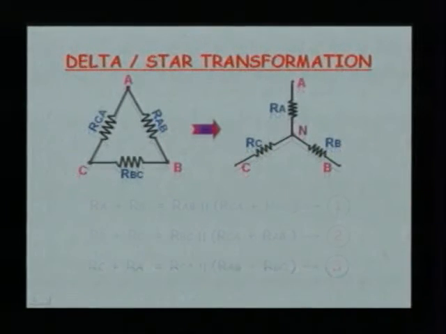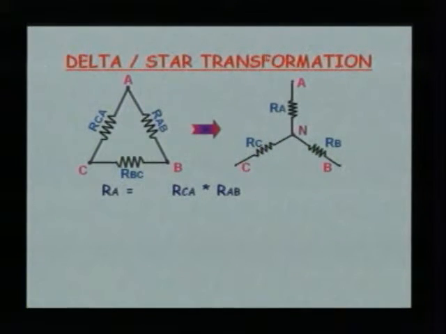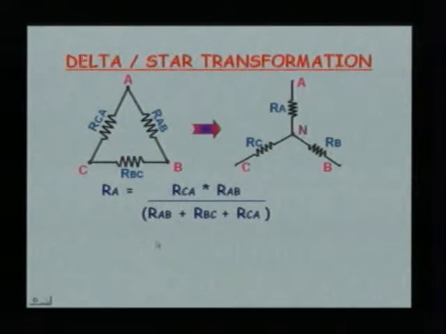Now, by solving the three equations, we will get RA is equal to RCA into RAB by RAB plus RBC plus RCA. That is, we are able to obtain a star element from the delta configuration.